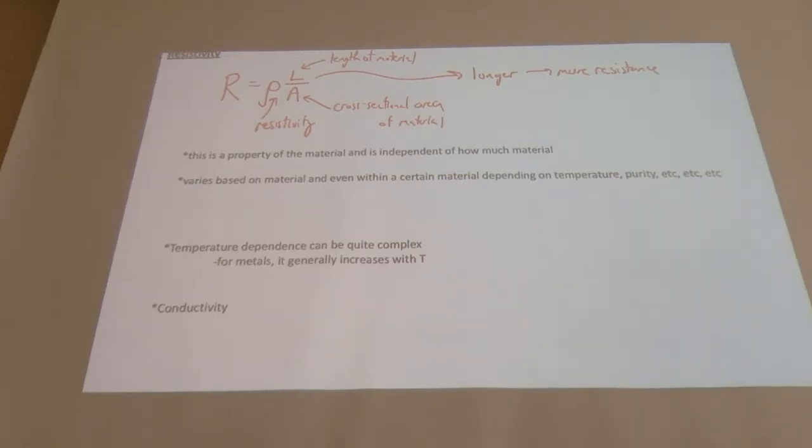On the other hand, notice what's happening with the cross-sectional area. If the area is smaller, we get more resistance. If the area is smaller, so if I take the cross-sectional area and make it crunch down, there's more resistance, okay? Think about driving on a highway.